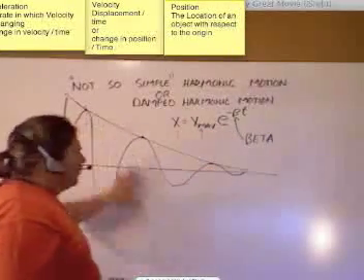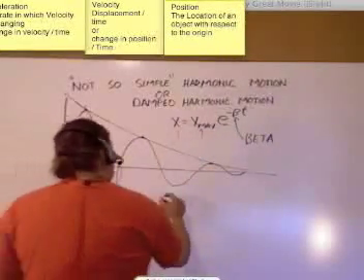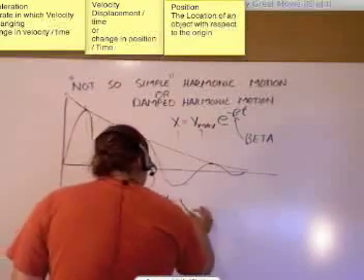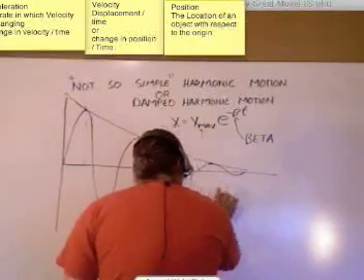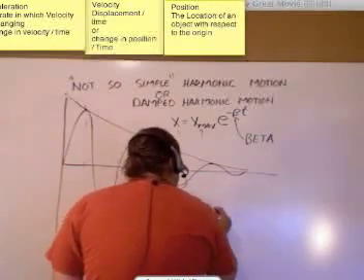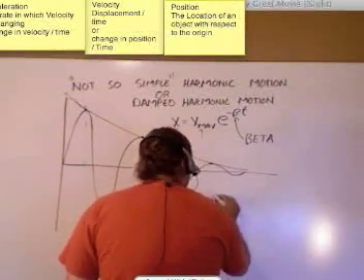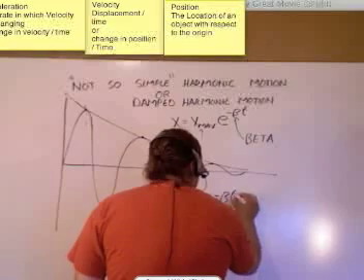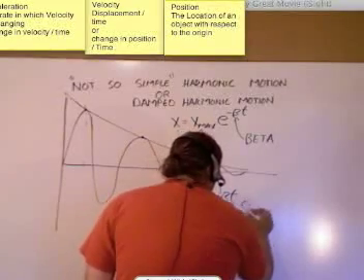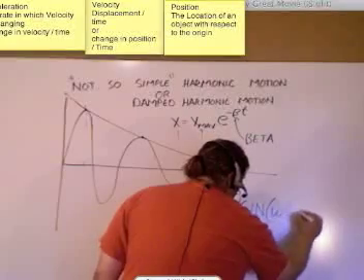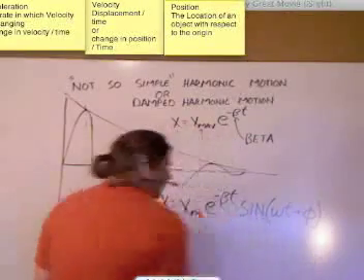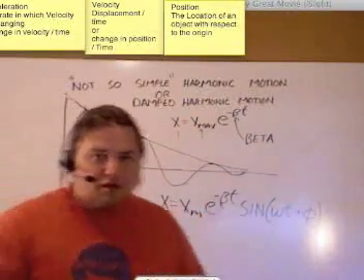The total motion is actually represented by that equation times the simple harmonic motion. That's the total motion right there.